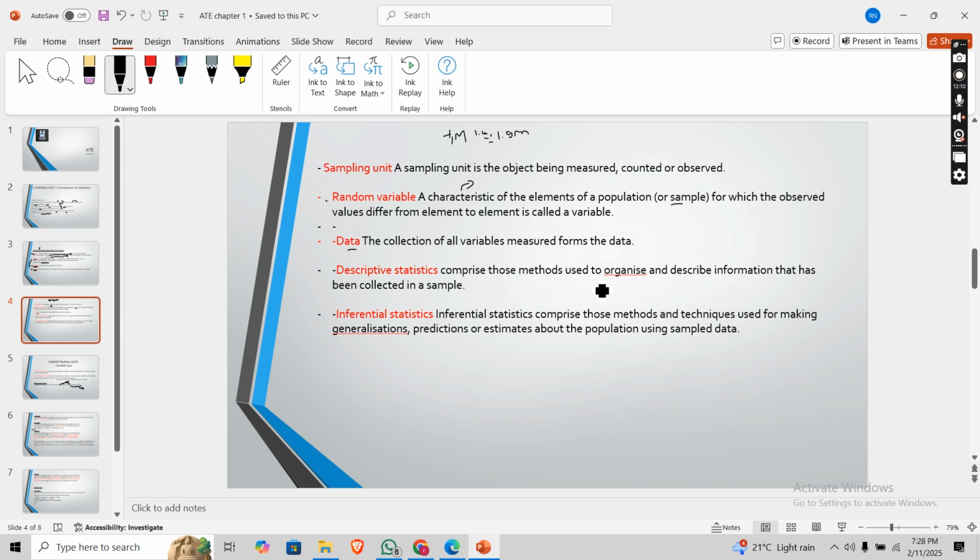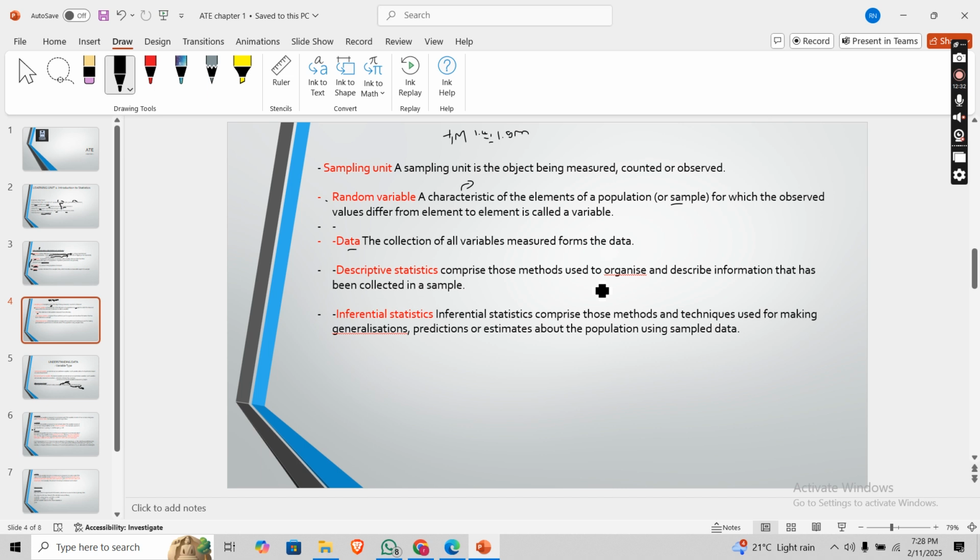For example, if I collect information from 50 ATE students, then I calculate from that data the average height of the 50 ATE students. That process falls under descriptive statistics, okay?